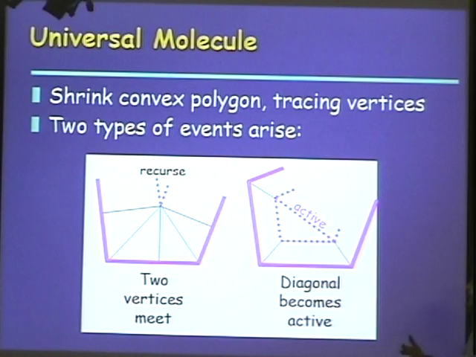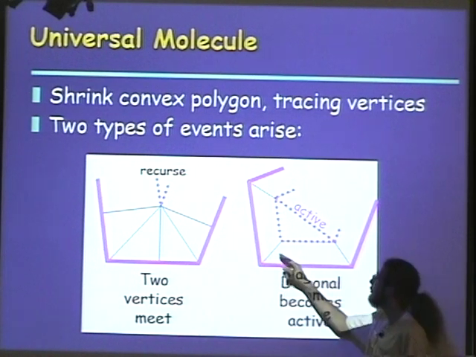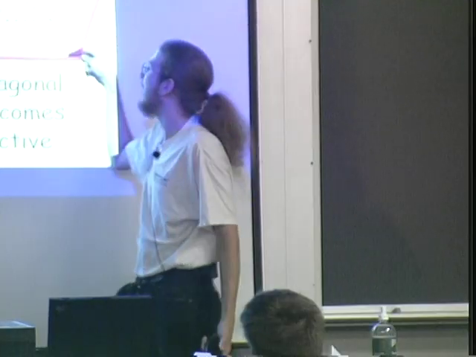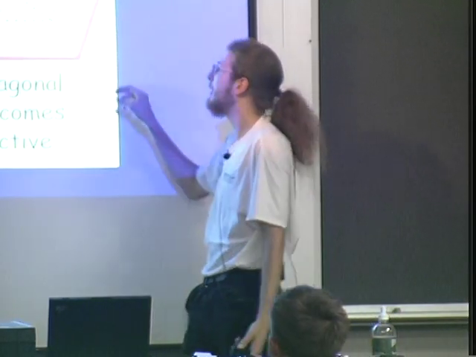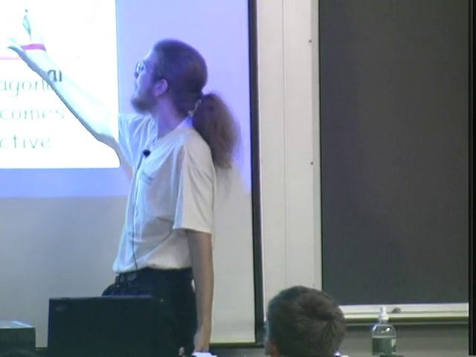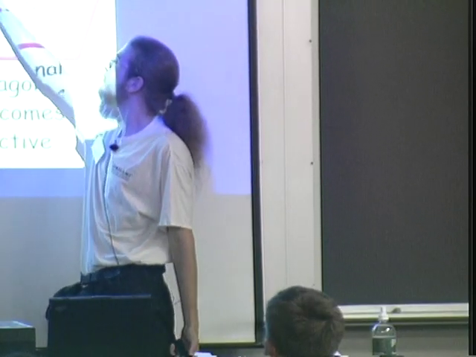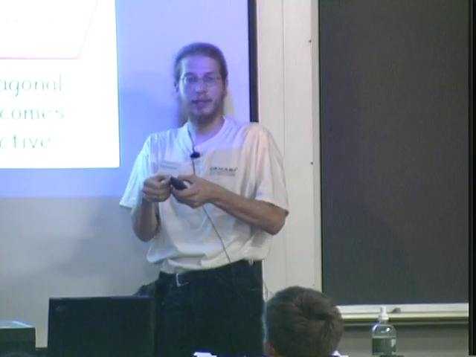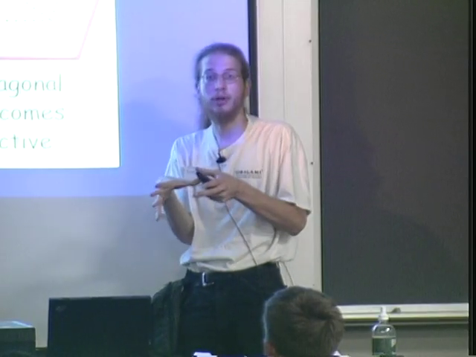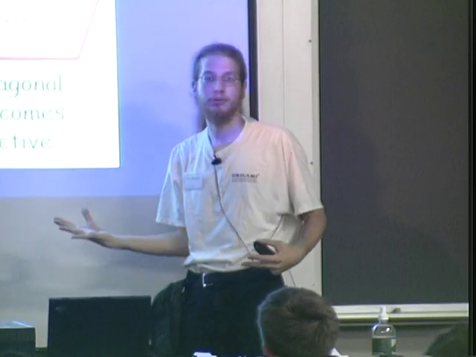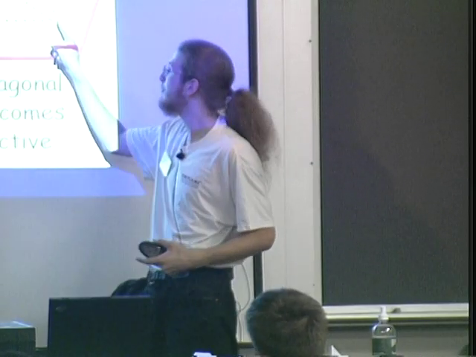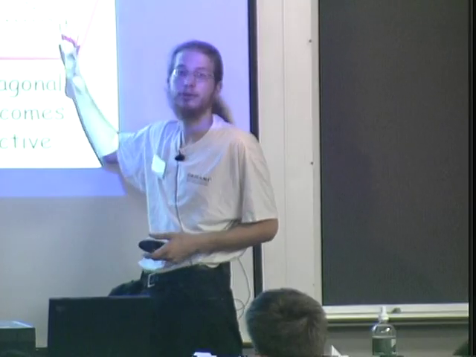Another event that might happen is that another path becomes active. So it used to be that some of these paths were active, but that was it. Otherwise, we would have decomposed this polygon further. As you shrink, it may happen that there are now 2 vertices where the inequality is met with equality. If you shrink any more, you will no longer satisfy the tree condition, and then you know you're doomed to failure. So when this happens with equality, you better do something.